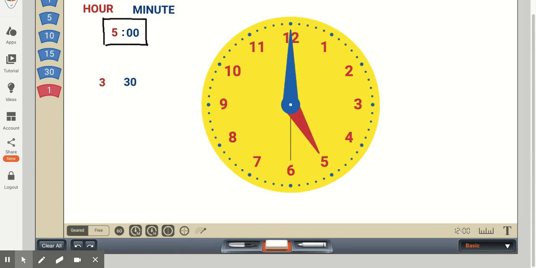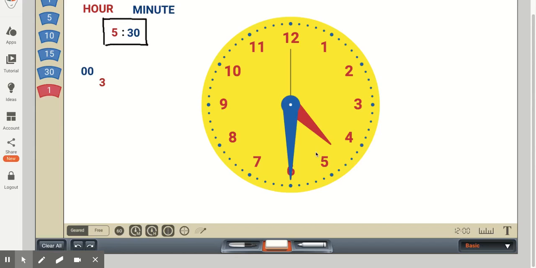And if they were asked to show 5:30, same thing on the digital clock. We'd want to make sure that they're showing the hour of 5 and the minute of 30. And on the analog clock, that they're showing the correct time of 5:30.